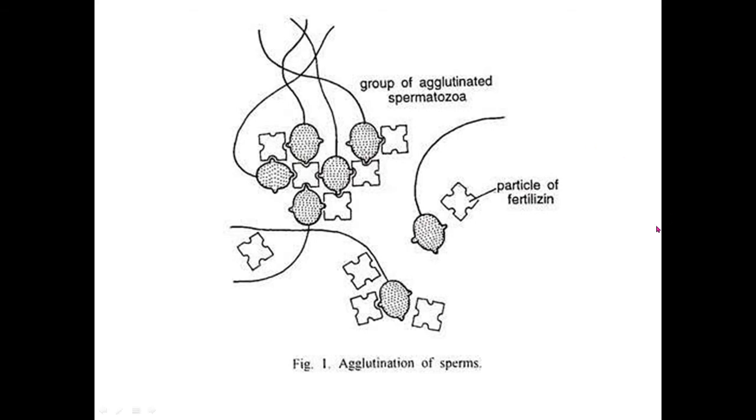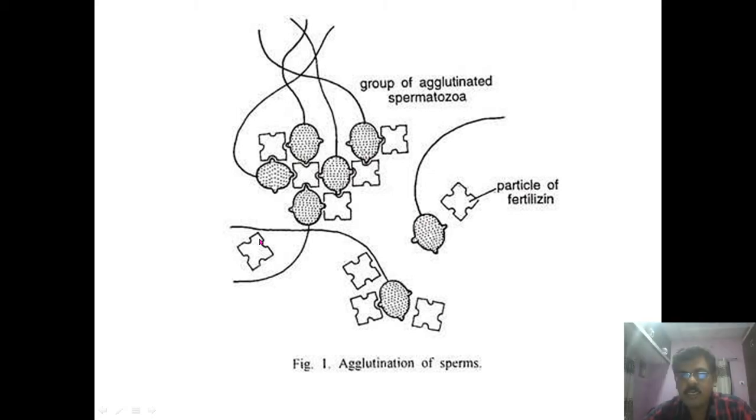This is the structure of the agglutination, or the mechanism of agglutination, which is the fertilizin anti-fertilizin reaction. The particle of the fertilizin is present on the ovum surface, and the respective anti-fertilizin is present over the surface of the sperm.